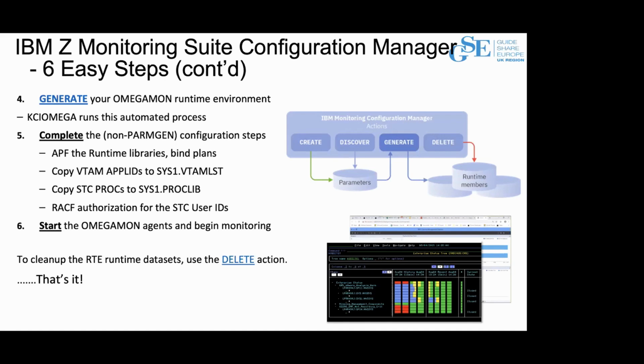So 6 steps: create, customize the parameters, discover the subsystems, run the generate, complete the post configuration, and start the agents. So that's the flow.